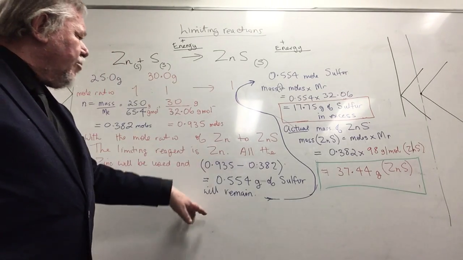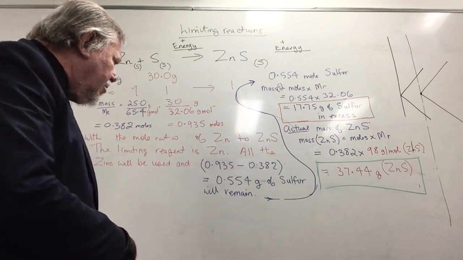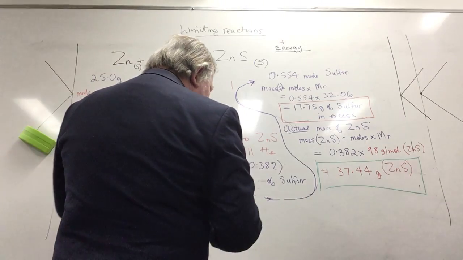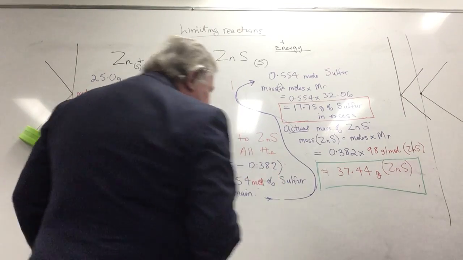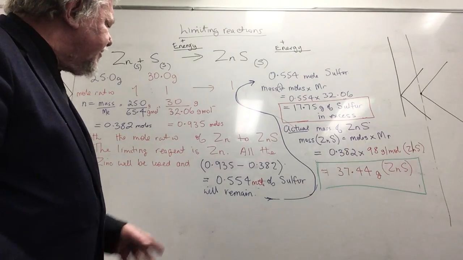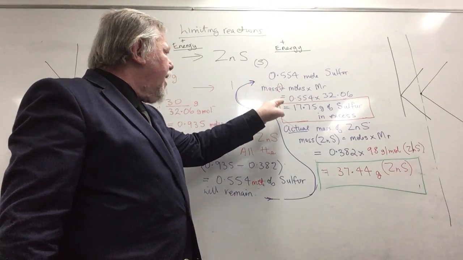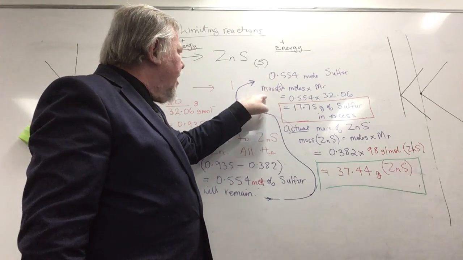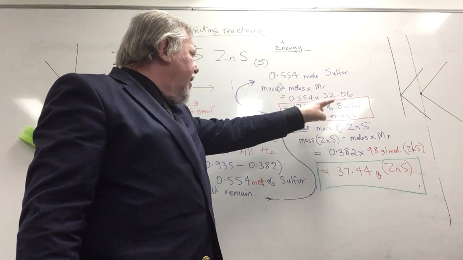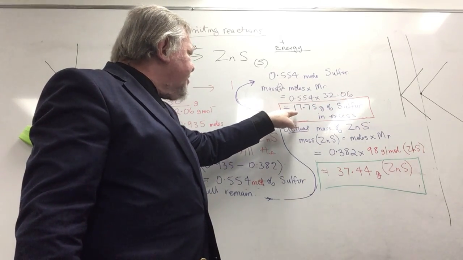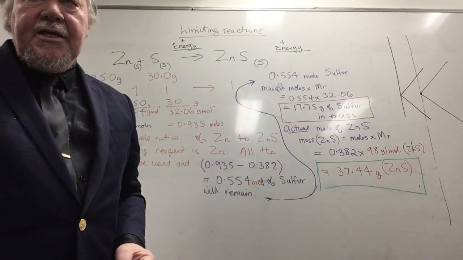So 0.554 moles of sulfur, times the molar mass, will give us 17.75 grams of sulfur in excess.